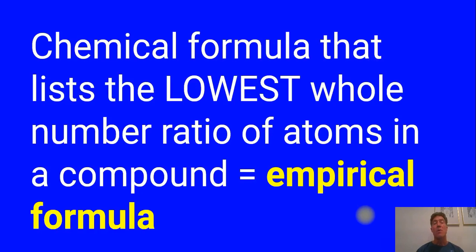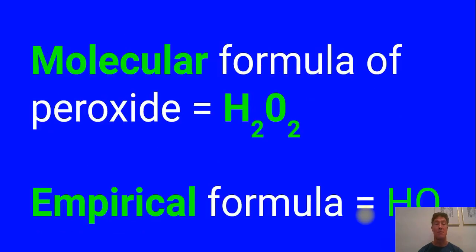The chemical formula that lists the lowest whole number ratio of atoms in a compound is known as the empirical formula. So for example, we know that the molecular formula of peroxide is H2O2, but the empirical formula would be the lowest whole number ratio, in which case we could divide both of these by 2, and we would get HO.